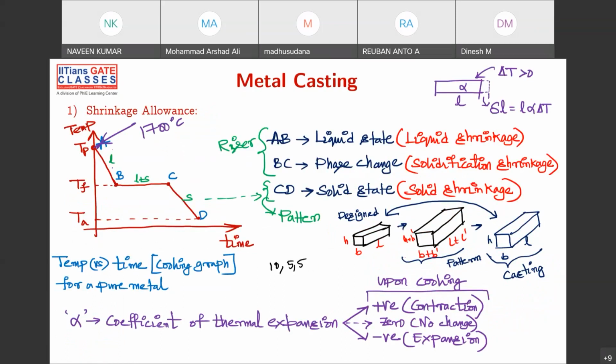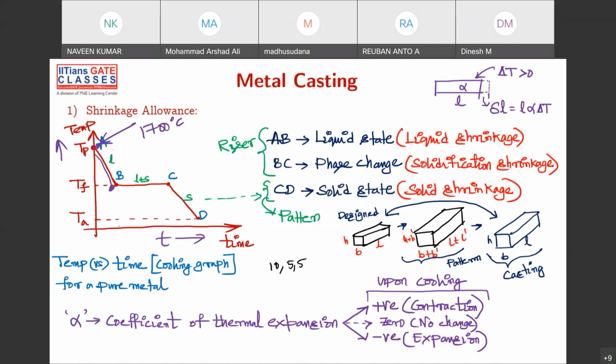Then as you allow it to cool and solidify, what will happen? This is time, and this is temperature. As time increases, your liquid metal is cooling and the temperature is reducing.